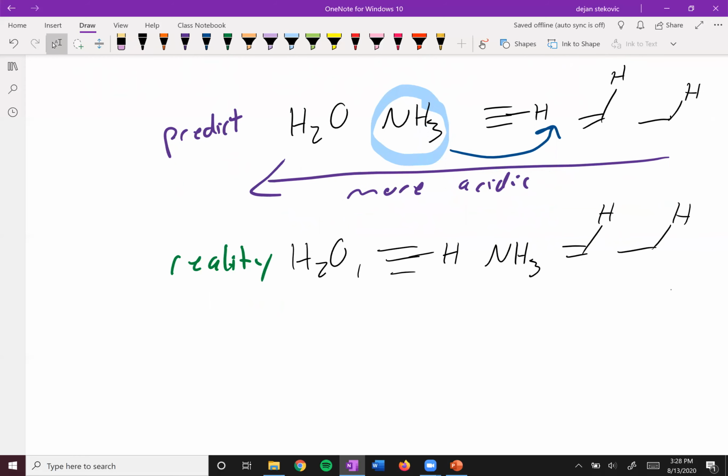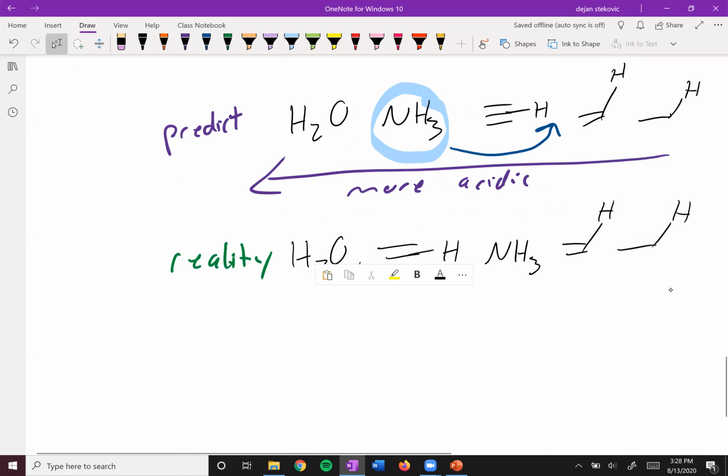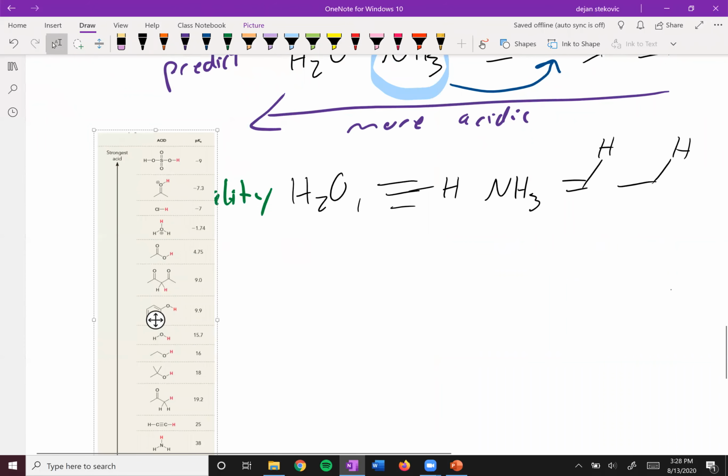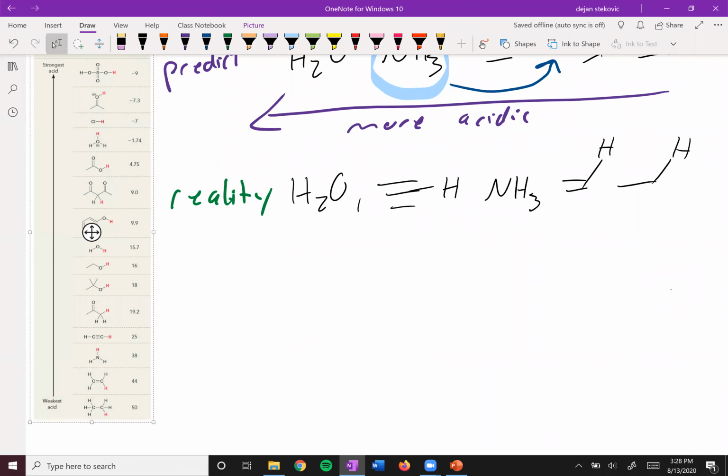And if you check a pKa table, you'll find this is true. Here we have our sp3 carbon, and you can see it's less acidic than this nitrogen.